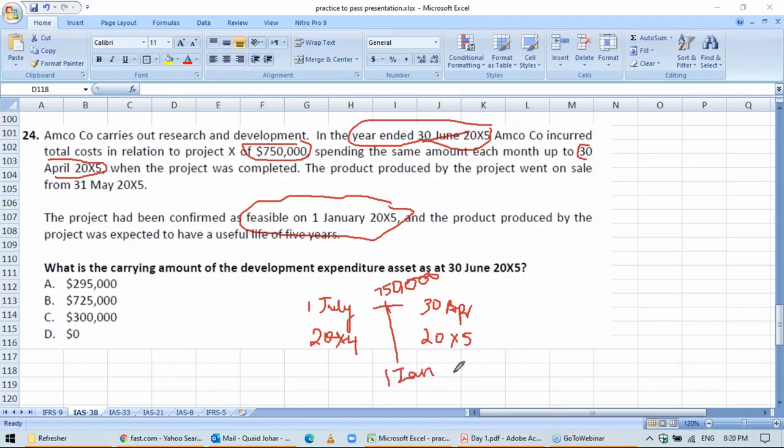So from the time when the conditions are met, only then you can capitalize, right? So the first 6 months expenditure shall be charged to the profit and loss account as an expense, as the conditions were not met. But after the conditions are met, from 1st January 2005, January, February, March, April, 4 months you can capitalize, right?